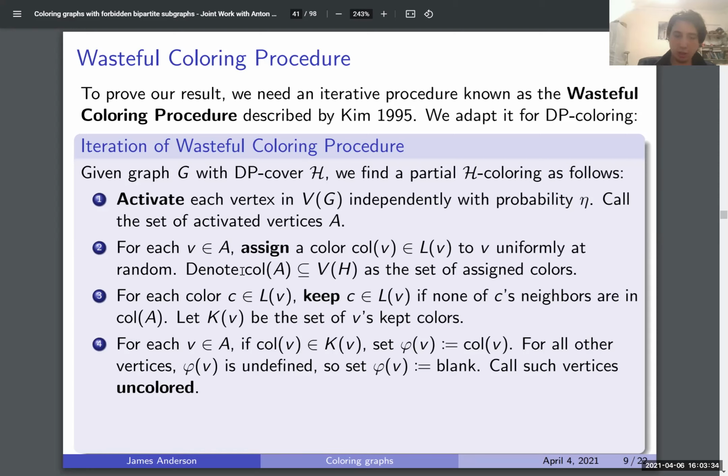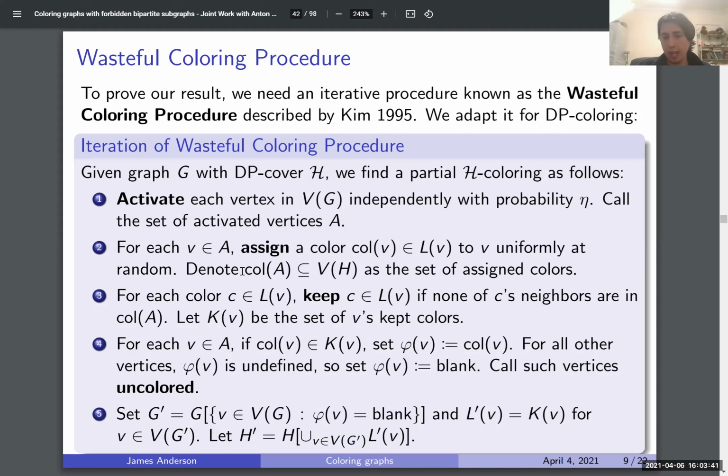And we call these uncolored. So now what we do is we update our graphs. We take G prime to be the set of uncolored vertices in G, L prime of V to be their remaining colors or their kept colors, and H prime to be the vertices in H that corresponded to kept vertices.